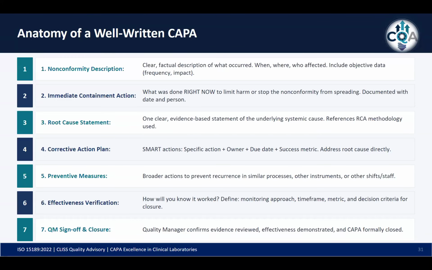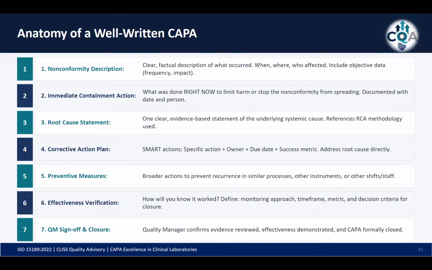And the quality manager then confirms the evidence, the effectiveness has been demonstrated, and the corrective action report is formally closed and signed off.